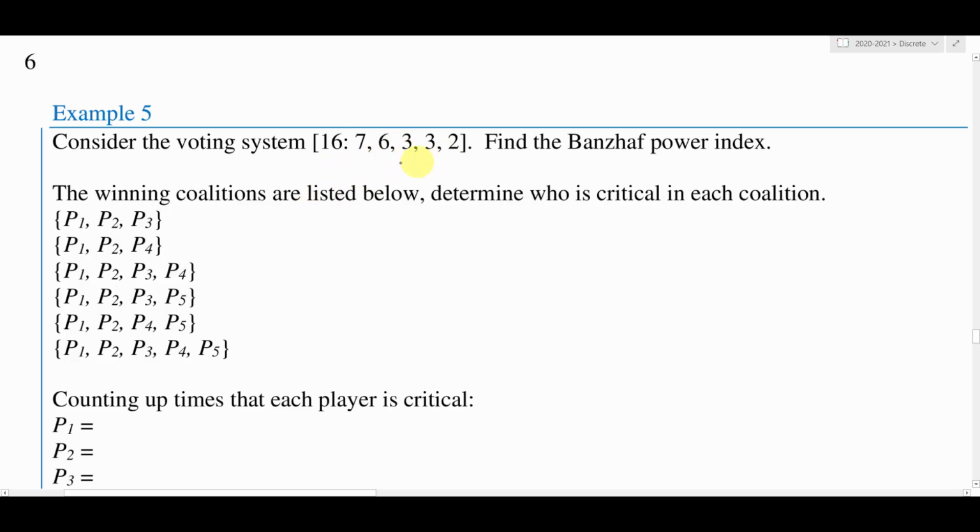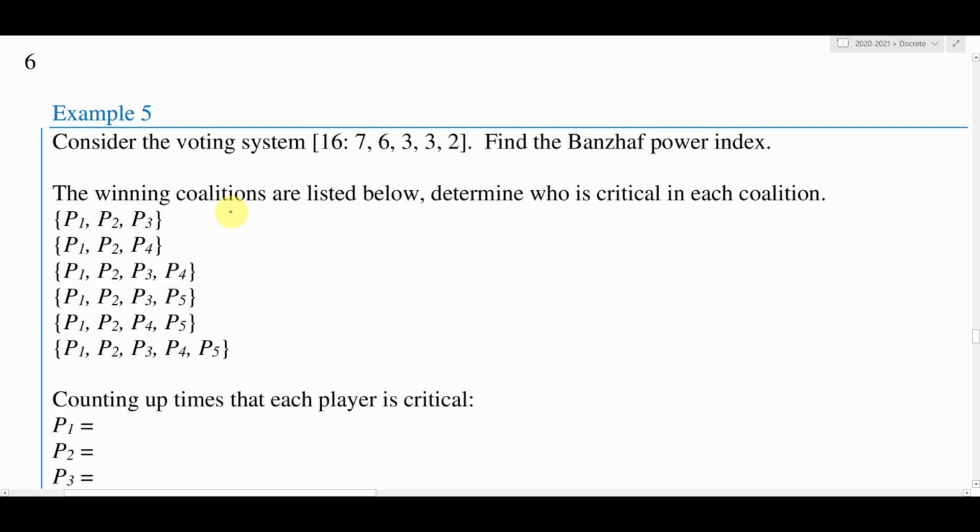You might list all the 5-player, 4-player, and 3-player coalitions, then eliminate the ones not reaching quota. They have to have a grand total of 16 for their weight to be a winning coalition. If they don't, you just eliminate them from your list.